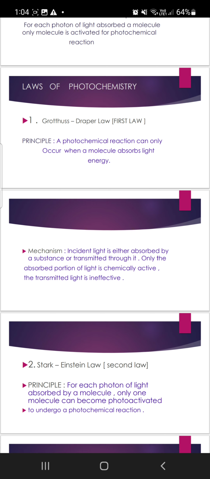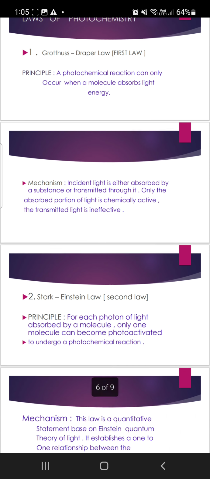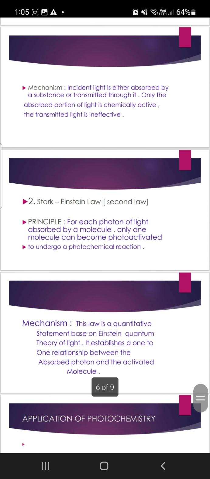The next law we are going to discuss is the Stark-Einstein law. It is the second law. Here we are going to learn the principle behind the second law.